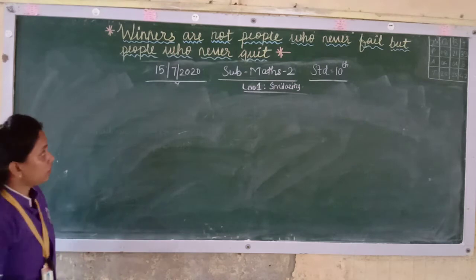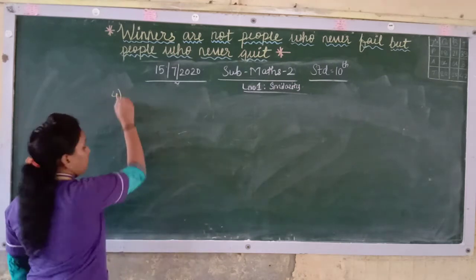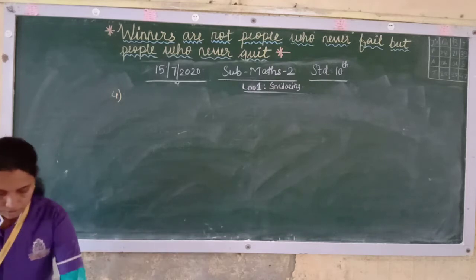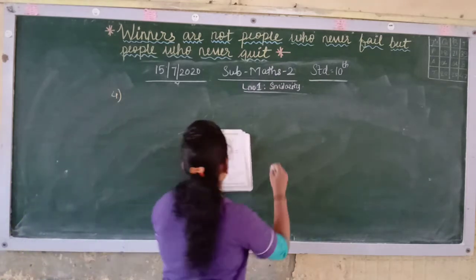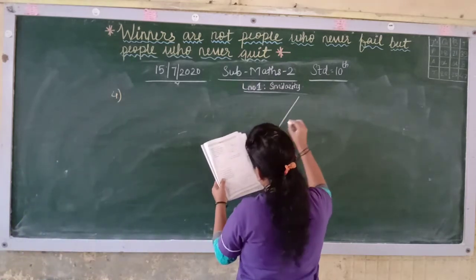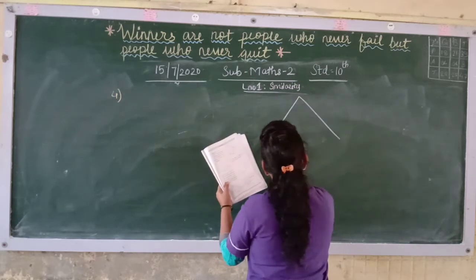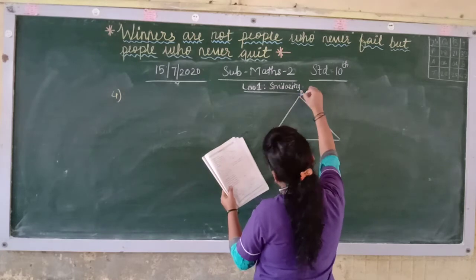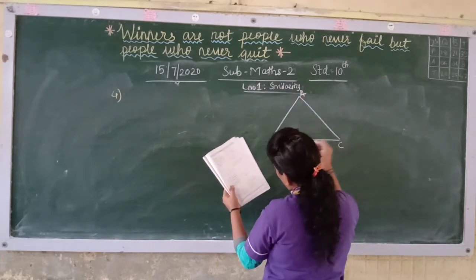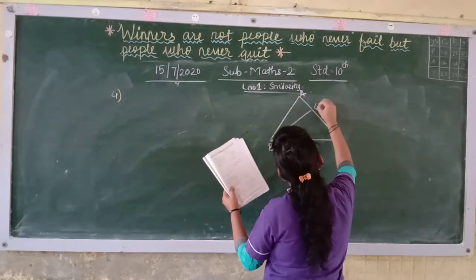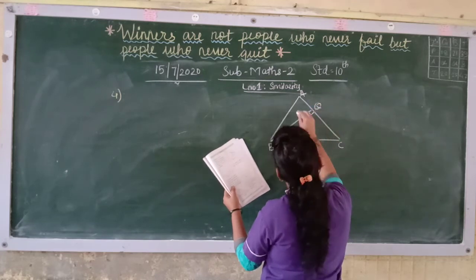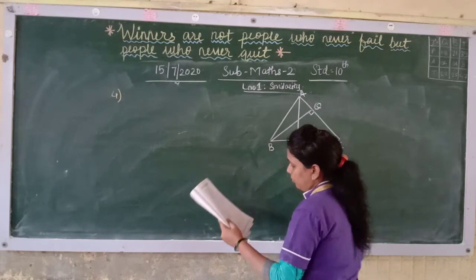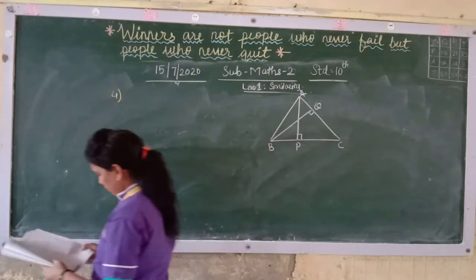Now see the fourth one. The structure they have given is... what all they have given.